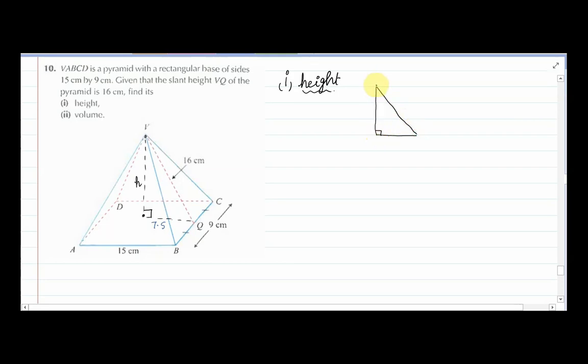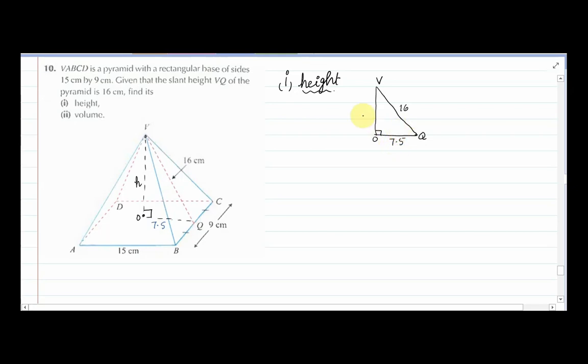At the top you have a point V. This is the center point, let's call this O in both the figures, and this point here is Q. The length of V to Q is known, and it's 16 centimeter. The length of O to Q, we had just figured out, will be half of 15, and 15 over 2 is 7.5.